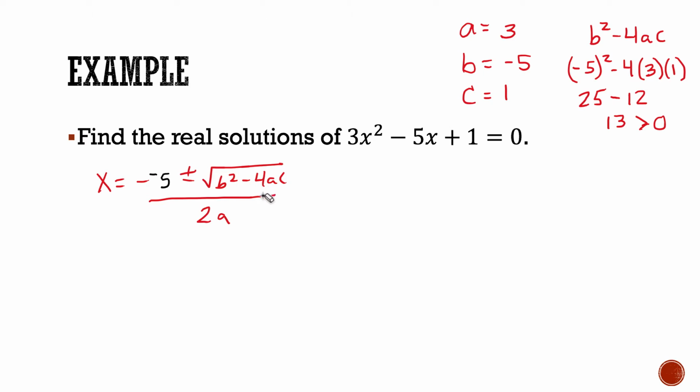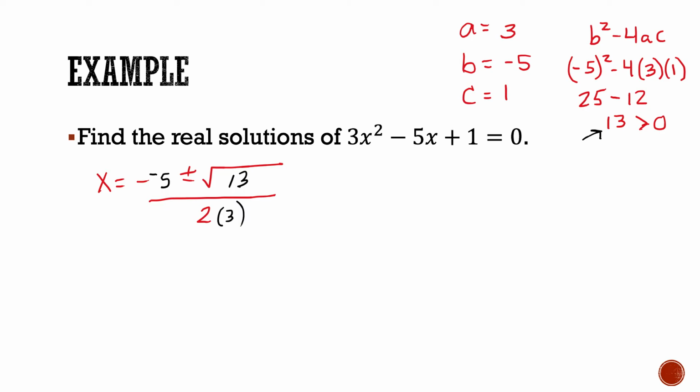I've already calculated that. So, I guess we could recalculate it, but there's really not any point in doing that. I'm just going to erase this entire part and plug in the 13 from my calculation up here. And then on the bottom, 2 times a, I'm going to erase the a, and I'm going to plug in a 3.